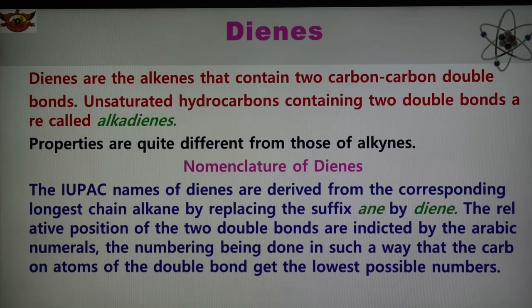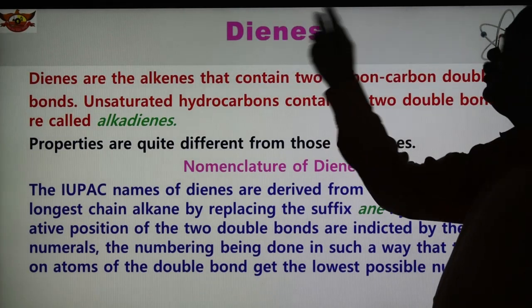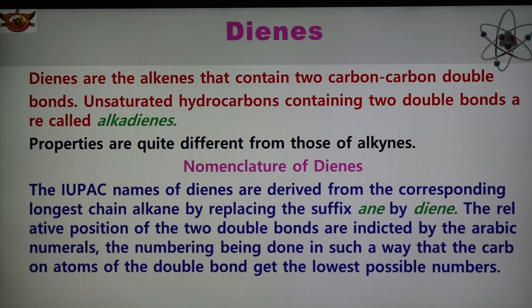In the name diene, di means 2, ene means double bond. So two double bonds are there in the compound, and because of the presence of double bonds they are unsaturated hydrocarbons, known as alkadienes or simply dienes.